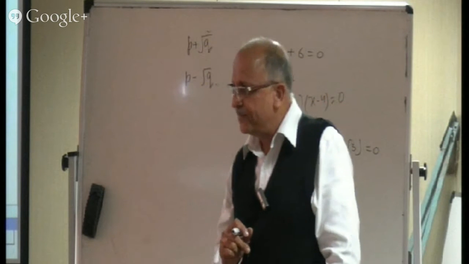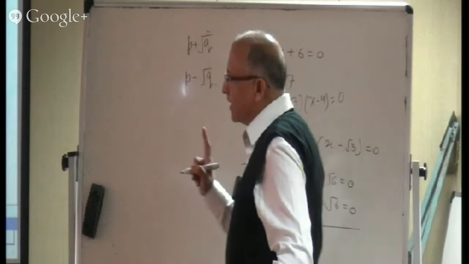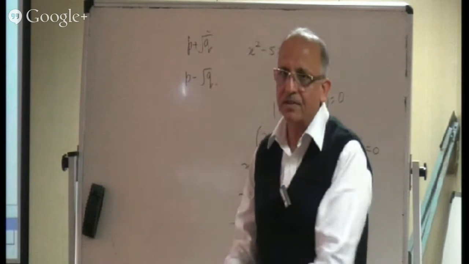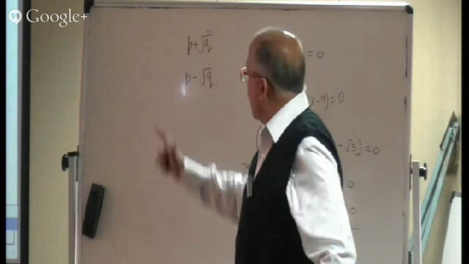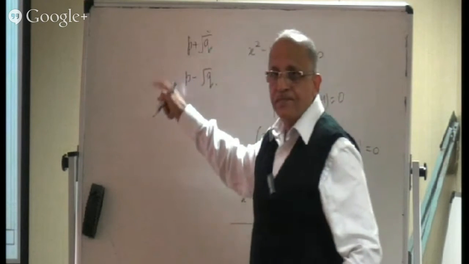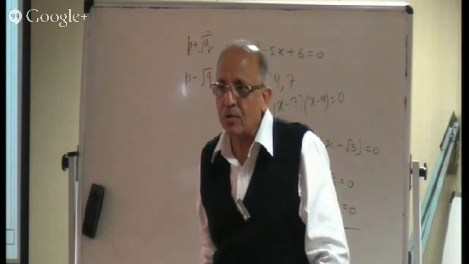For example, if I take an equation with rational coefficients, the result is: if p and q are rational numbers and p plus root q is a root, then p minus root q should also be a root.